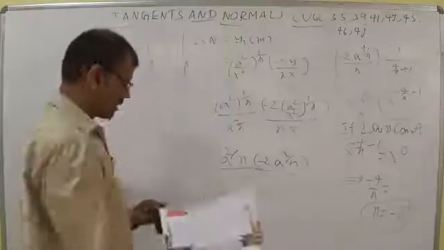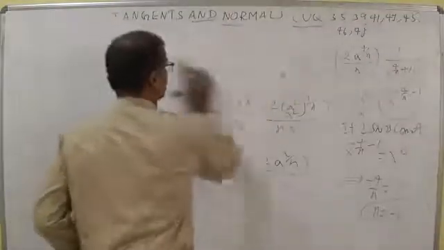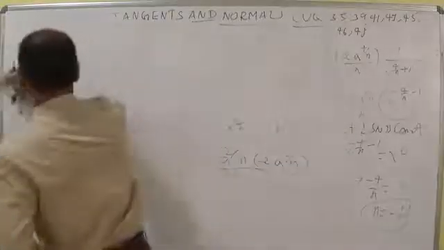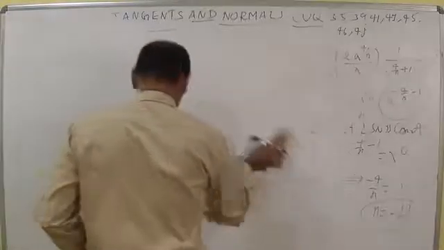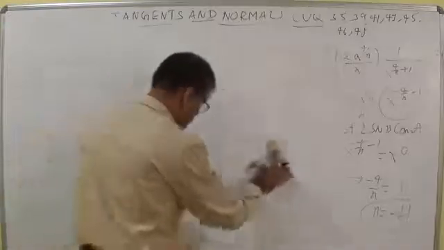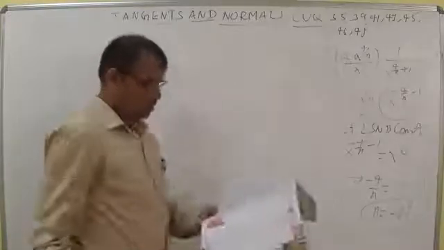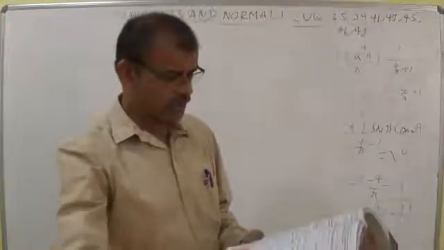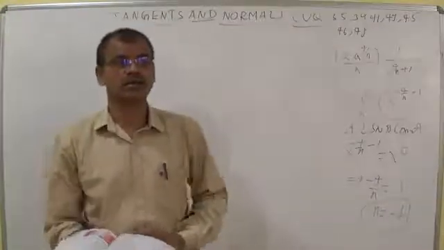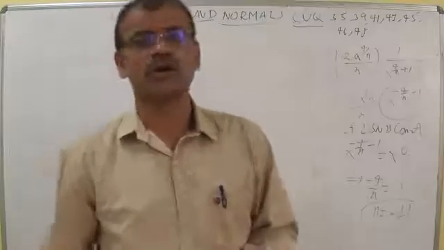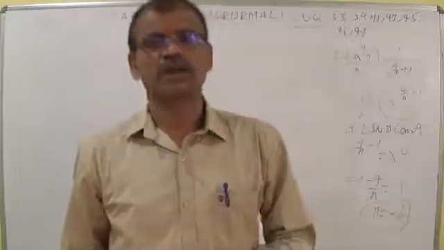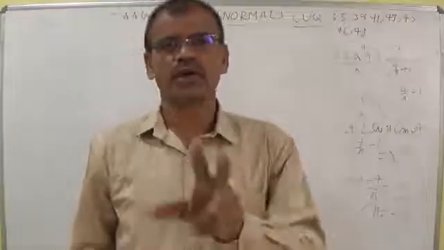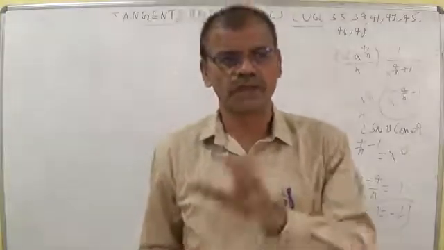At any point on the curve y is equal to f of x, the subtangent, the ordinate of the point and the subnormal: subtangent y1 by m, ordinate y1 and subnormal y1 m.